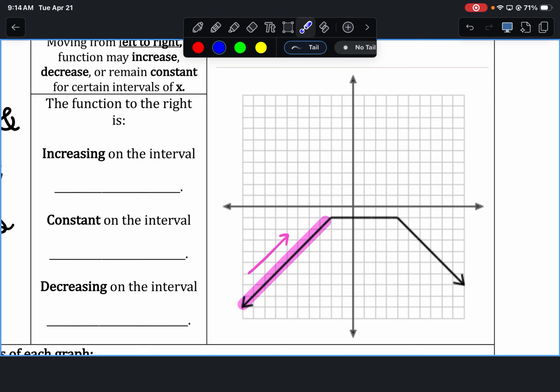So if I look at this, where does that arrow on the left side point to? Negative infinity. Okay, so it goes from negative infinity to, at what x value does it stop increasing? -2. So from negative infinity to -2, our graph is going up. It's increasing.